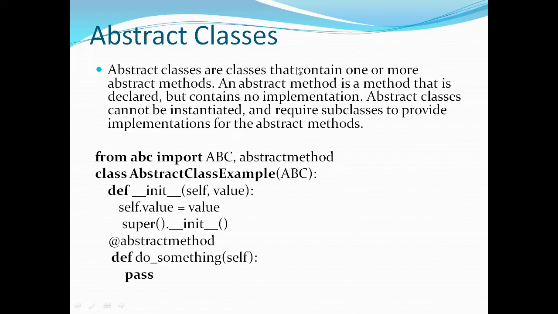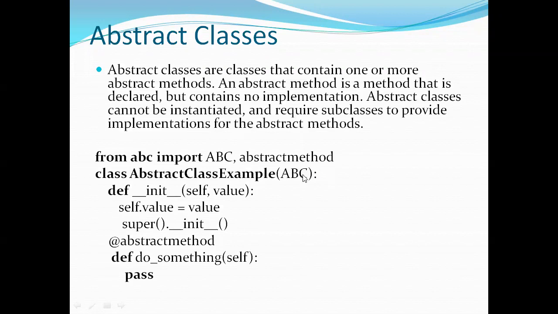If you want to implement an abstract class, we need to use the library called ABC. In that library we have the classes ABC and abstractmethod. These two are available in the ABC library. The class which you are going to make an abstract class must inherit from ABC.